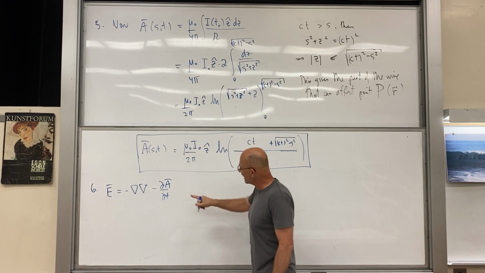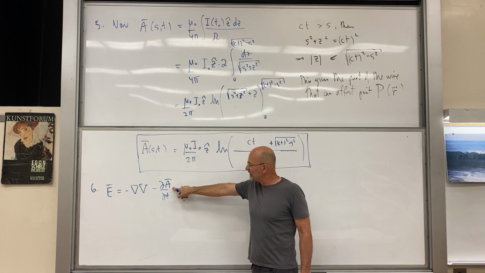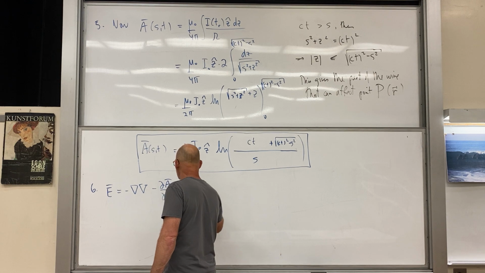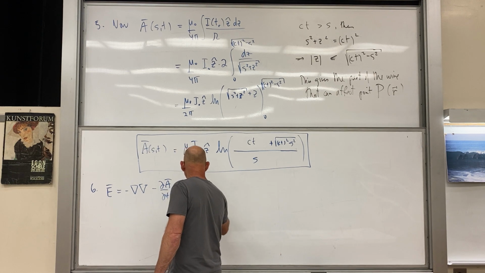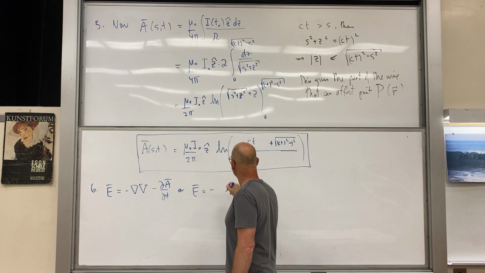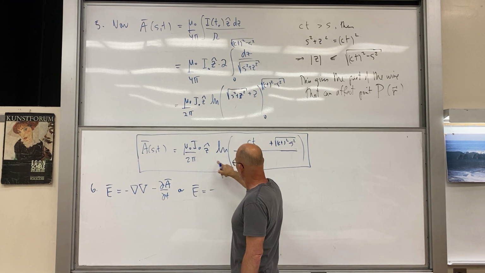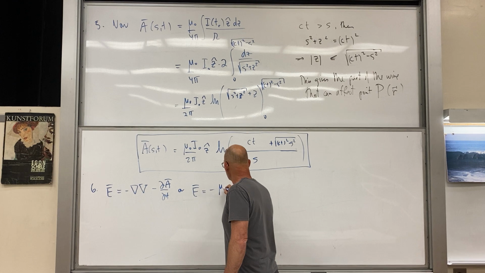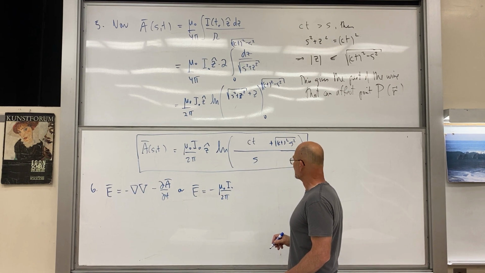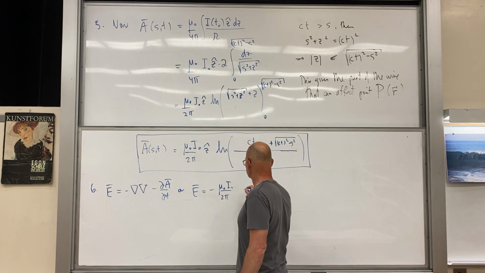So what we have to do now is calculate minus dA dt. Or E is equal to minus the time derivative of this. Let's go ahead and pull out mu naught I naught over 2 pi.